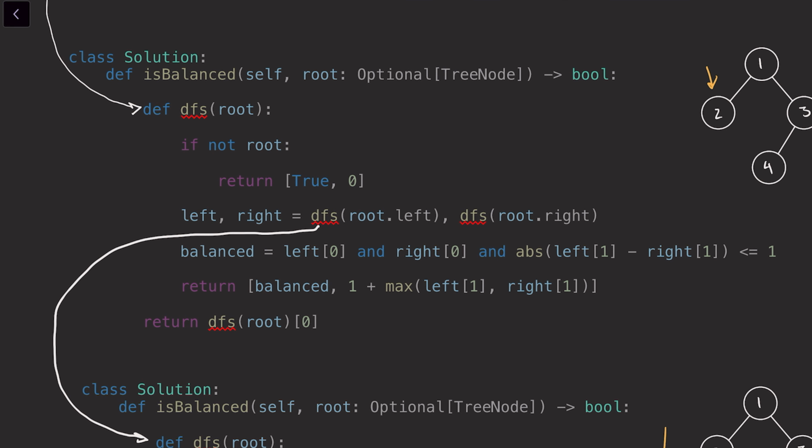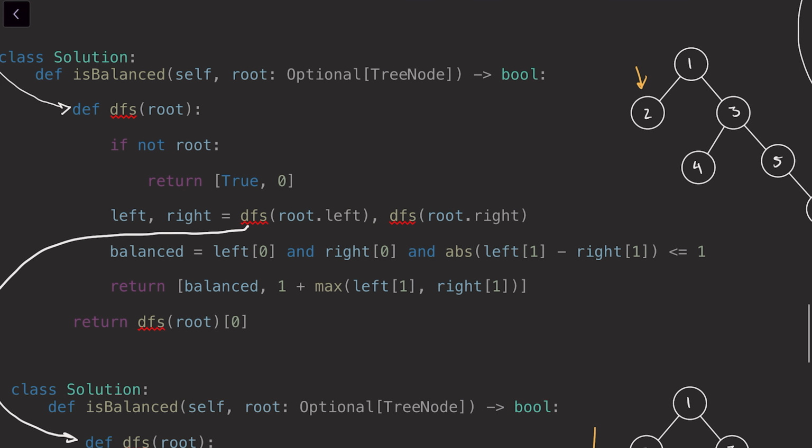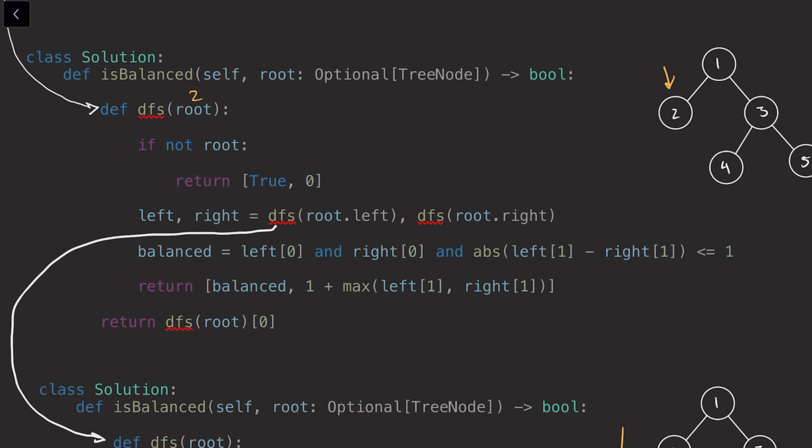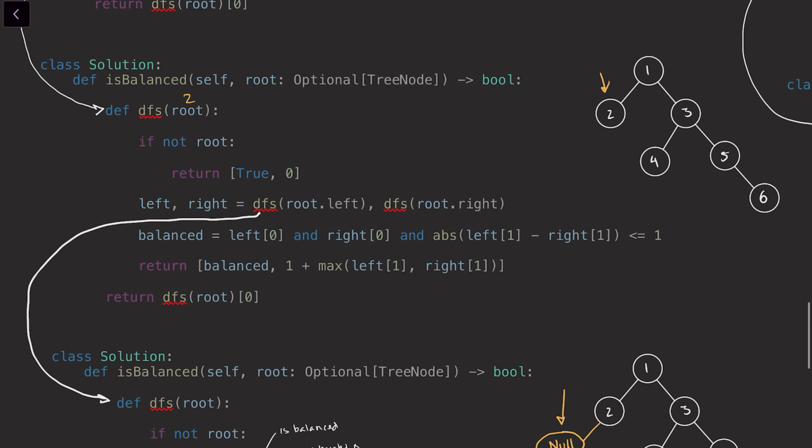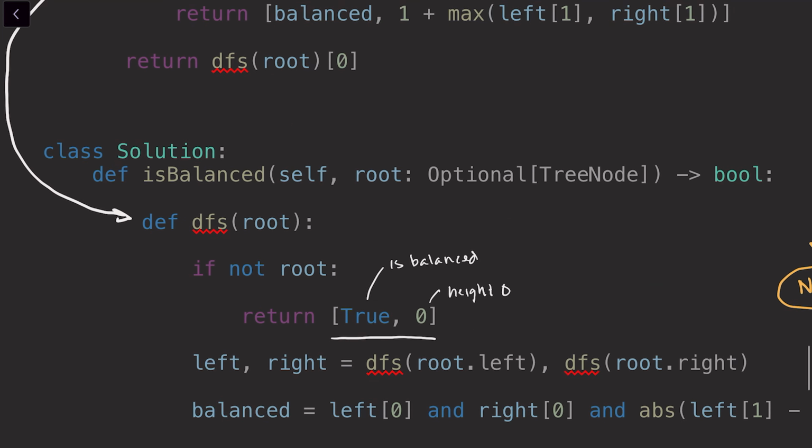So we are currently right here at node 2, and let's write that down, node 2. We will skip this part once again, and the left of that will be null, and the right of that will be null. So how does that look? Let's look at it further.